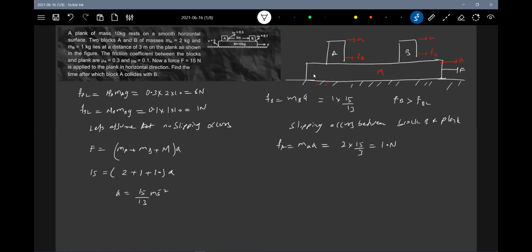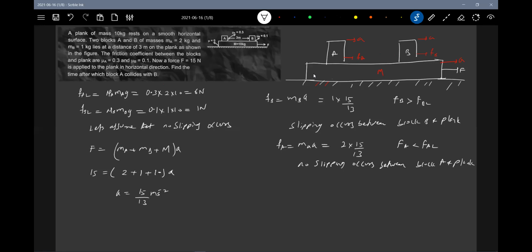I think this will be less than the limiting friction. So no slipping occurs between block A and the plank. This is the conclusion.